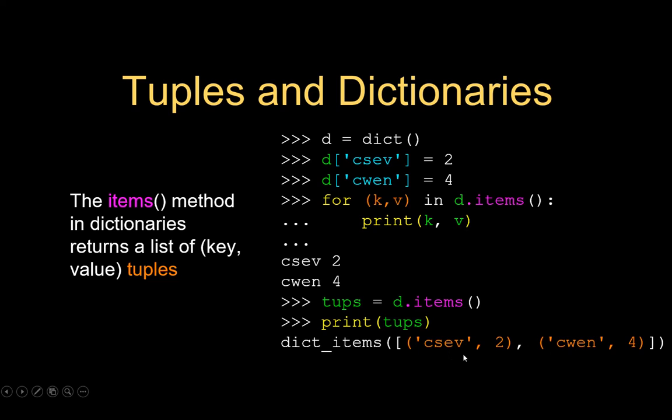So here CZIF and 2, Sven and 4. Basically, the items method in dictionaries returns a list of keys and values in the form of tuples. So for example here, d.items will return a data structure of tuples with key and value.